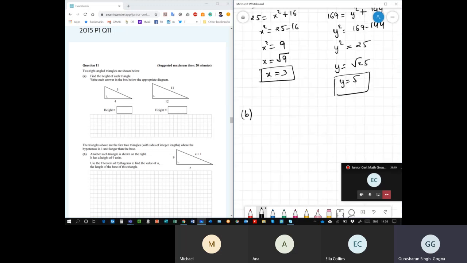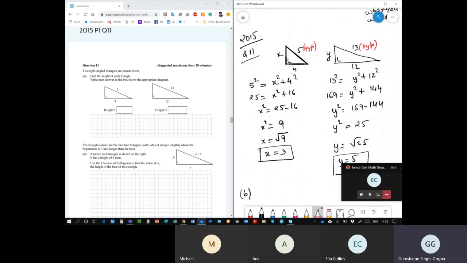First of all, what are they trying to say here? If you look at both of these triangles, there is a common connection. What's the base here? 4, and 4 plus 1 is 5. So the hypotenuse is 5.